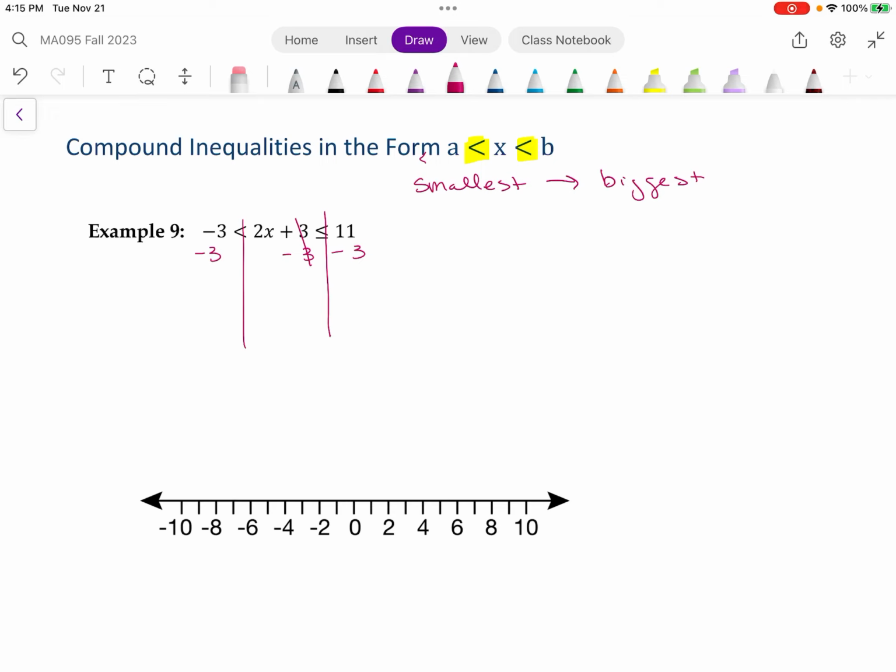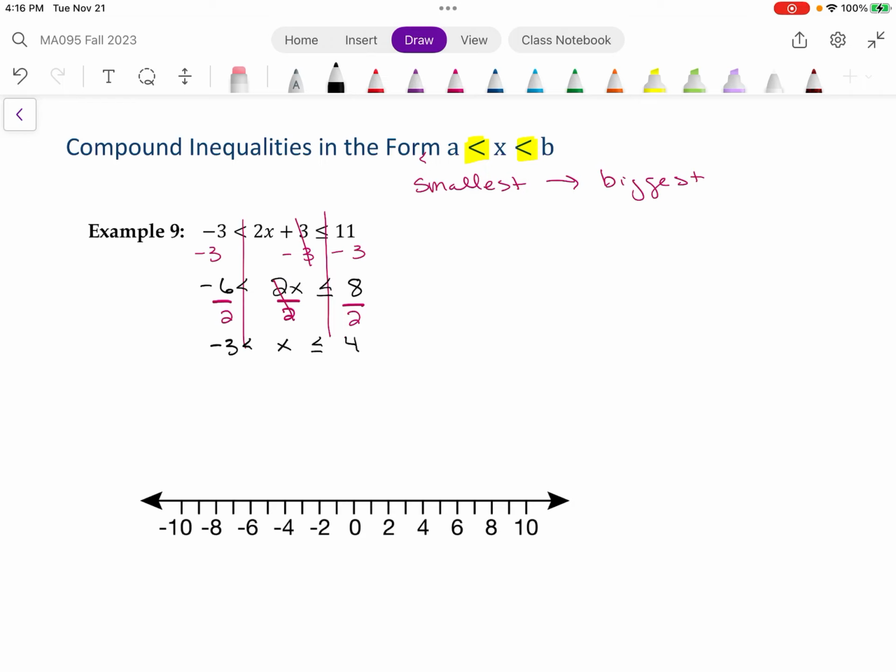Negative 3 minus 3 over on the left is going to be minus 6 is less than, all I have left in the middle is 2x, is less than or equal to 11 minus 3 is what? 8. All right, now we're going to divide everything by the 2 here to get the x alone. So divide by 2, divide by 2. And I get negative 3 is less than x is less than or equal to 4.